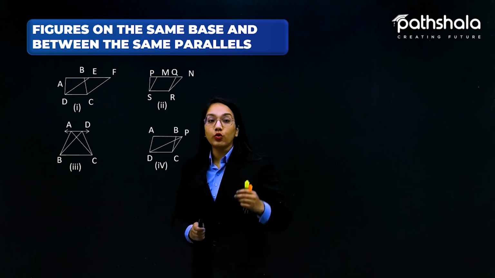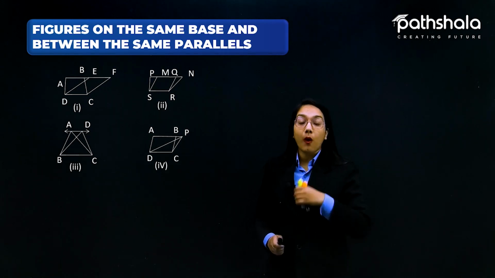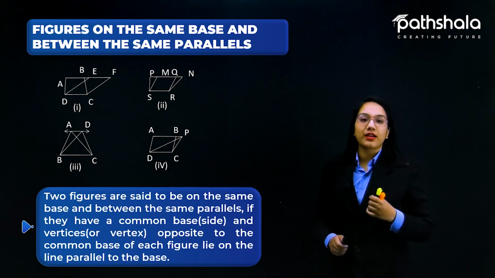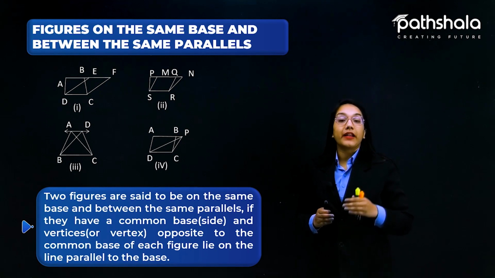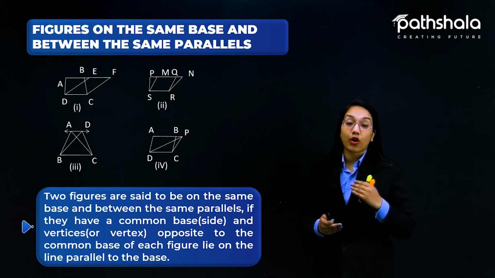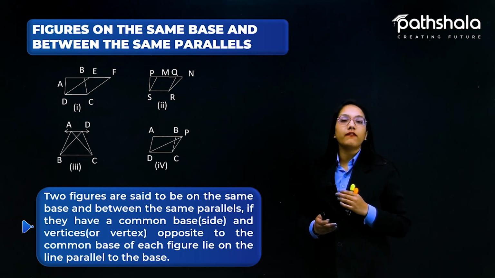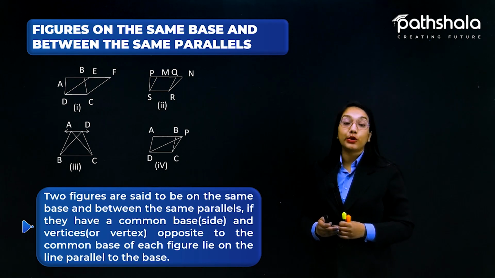So if I want to conclude the statement related to all these figures, I can say that two figures are said to be on the same base and between the same parallels if they have a common base, that is a side, and the vertices opposite to the common base of each figure lie on a line which is parallel to the base.